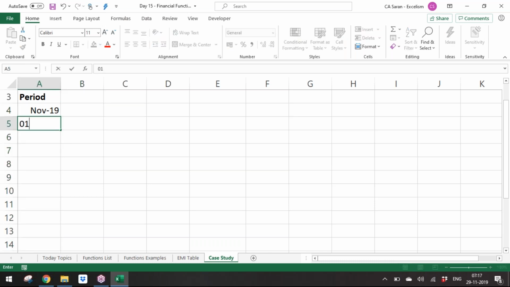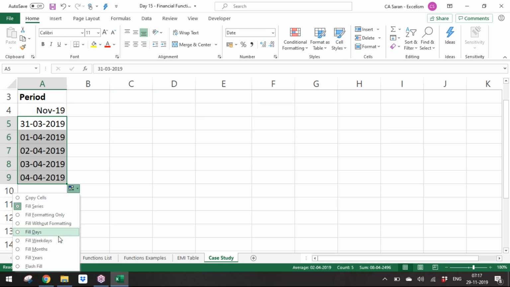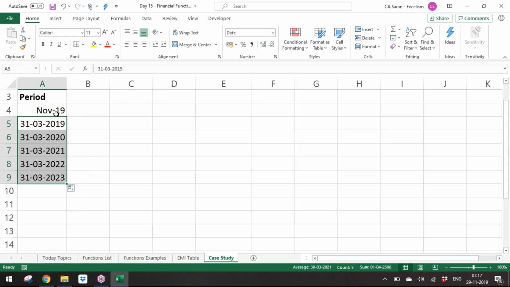November to 1st April 2020, then 2nd April. Now what I'll be doing, just give me one sec. 31st March 2019. Then from here, let's say I'm paying in 5 years. So this is the only one where 6 months are there, right? From here, it is 1 year. Is it correct?